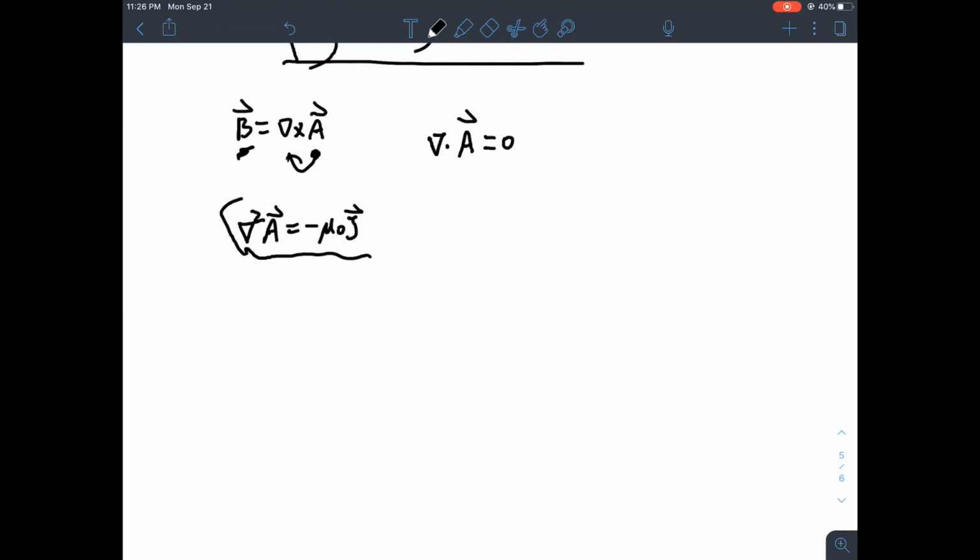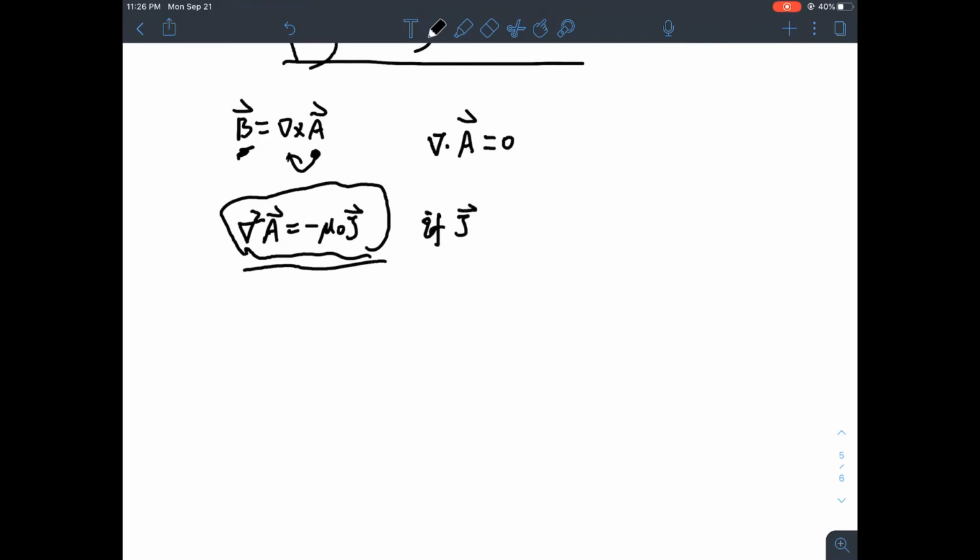This is basically still Ampere's law, but now I use the vector potential instead of the magnetic field. And as I said, we know how to solve this equation. This is basically Poisson's equation.